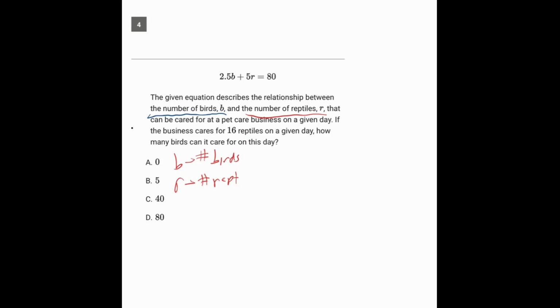And so if the business cares for 16 reptiles, that's allowing us to be that much more certain that R is 16 because it's the number of reptiles. So we're plugging in 16 for R. Let's go ahead and go through that. 2.5b plus 5 times 16 is 80. Surprisingly, 5 times 16 is 80.